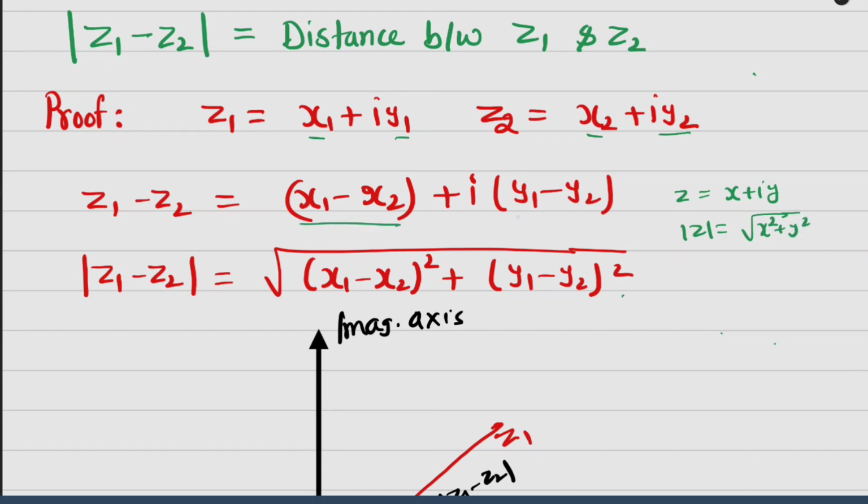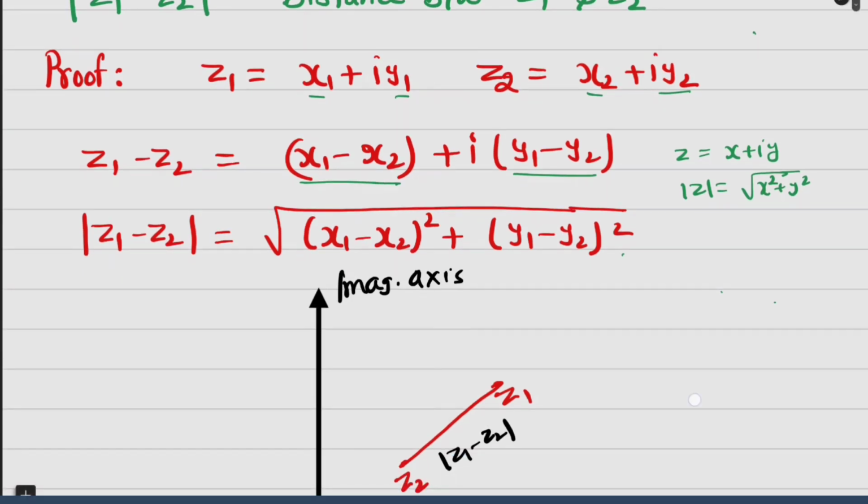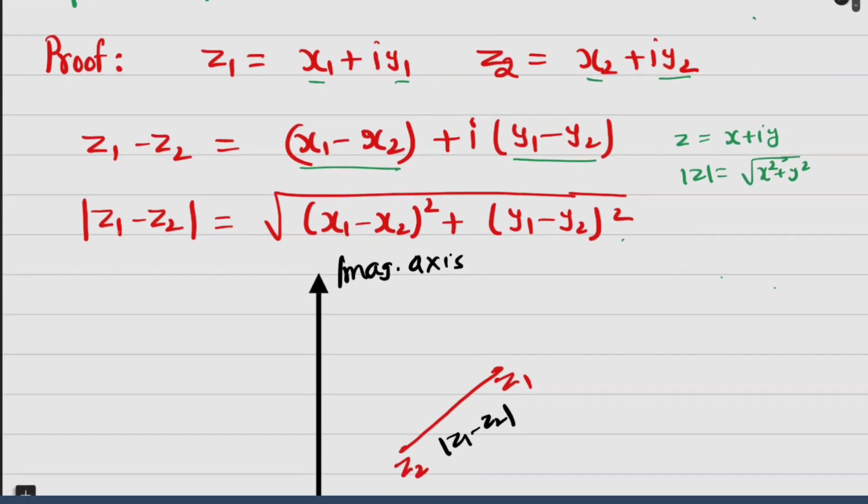So this one is the real part, this one is the imaginary part. So modulus of z1 minus z2 is under root of x1 minus x2 whole square plus y1 minus y2 whole square, which is nothing but the distance formula between 2 points x1 y1 and x2 y2. So modulus of z1 minus z2 is nothing but the distance between two complex numbers.